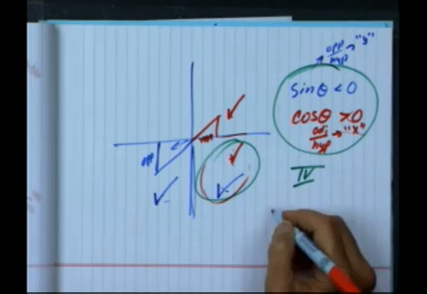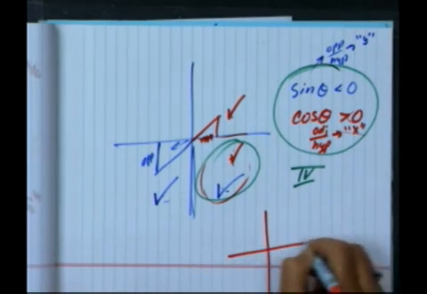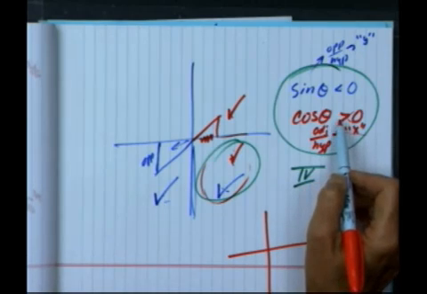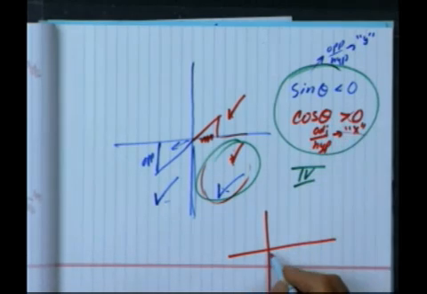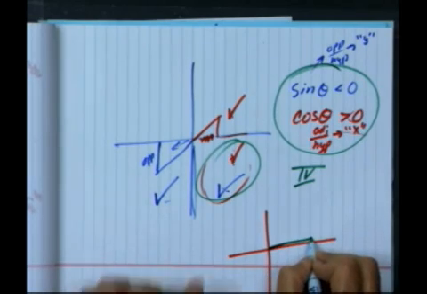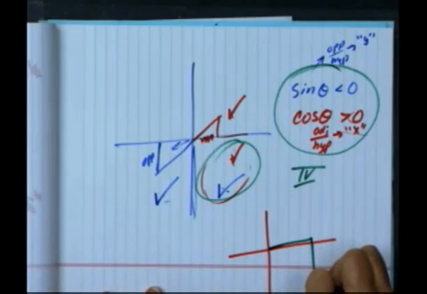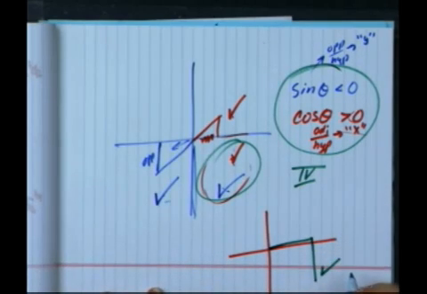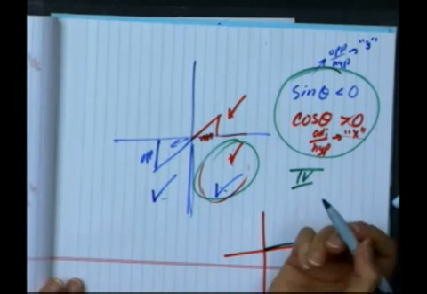Okay, now the way some people do it, they would start with x, cosine x. They go positive cosine, and they would go this direction. And then negative sine, this direction. Bingo, you're there. And what about like All Students Take Calculus? You could use that.